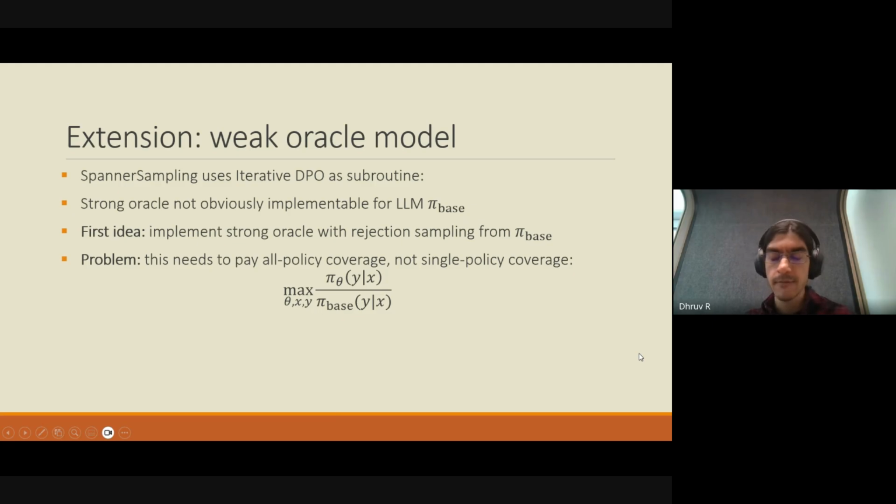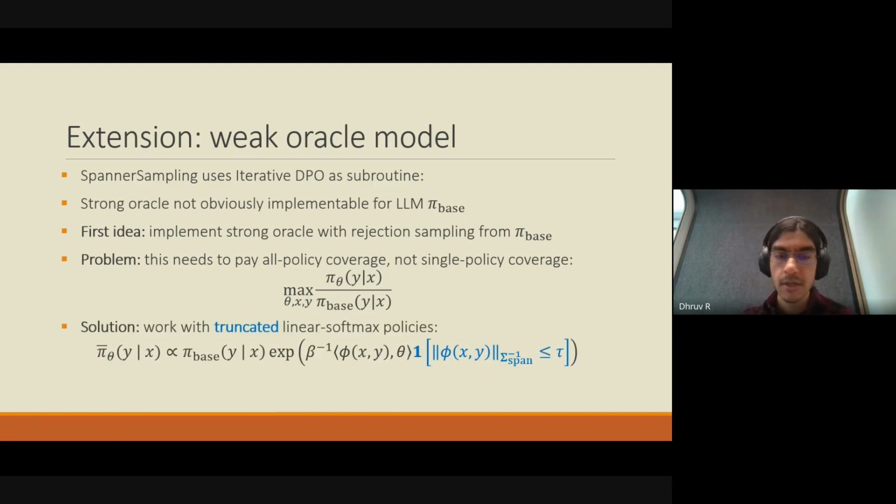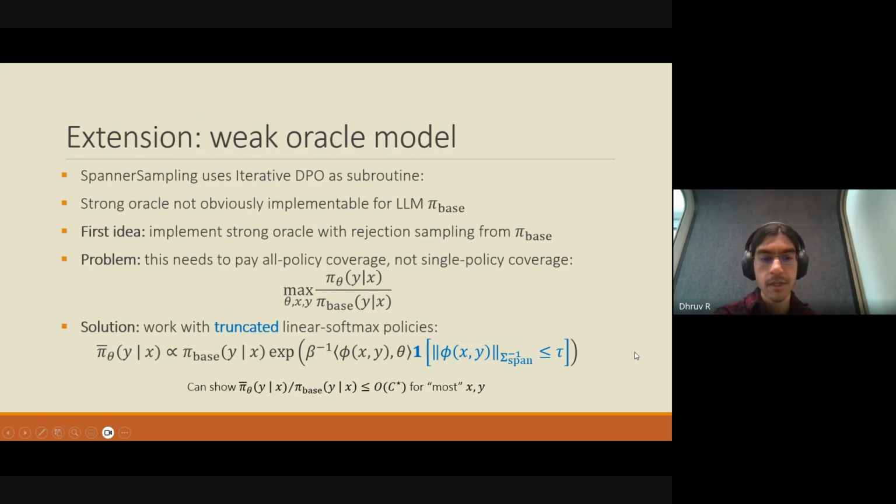But it turns out you can, in fact, avoid this. And our solution is to basically do some sort of truncation of the linear softmax policies. So if you truncate your policies according to the coverage defined by the spanner, you can show that for all the thetas that you care about, that are close to theta star, the density ratios are bounded roughly by the single policy coverage coefficient, at least in some average case sense.